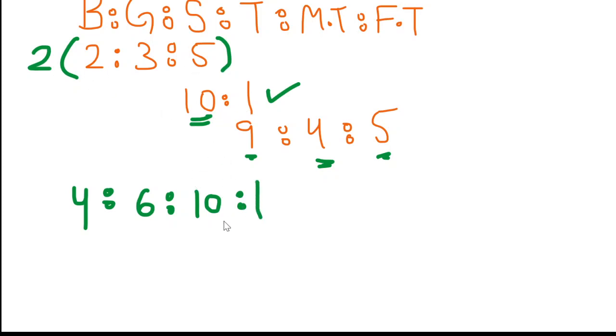Now I can compare the total students, which is 10, to the total number of teachers, which is 1. The problem here is that the total ratio given by the question is 9. So my next attempt is to make this 1 a 9. All I have to do is multiply all of this by 9.